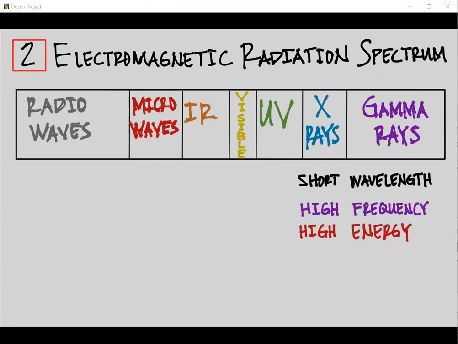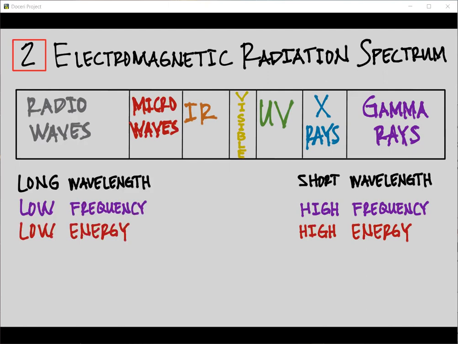So on the right-hand side of the electromagnetic radiation spectrum, you have the short wavelength, high frequency, high energy forms of light. Whereas on the left-hand side, you have the long wavelength, low frequency, and low energy forms of light. That's why radio waves, microwaves, and infrared don't have a lot of energy, and so they don't really cause any damage to your skin cells or your cells in general.